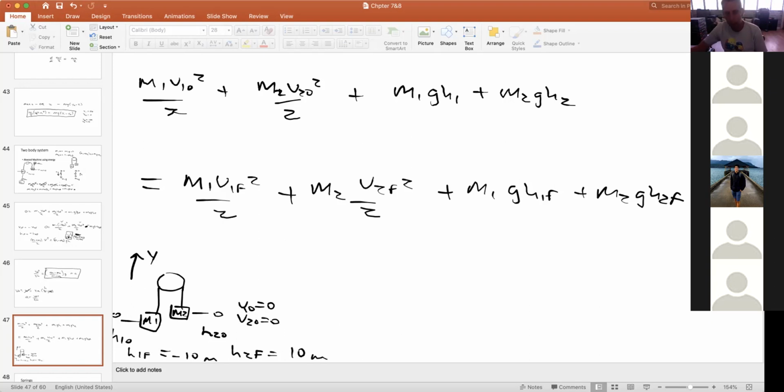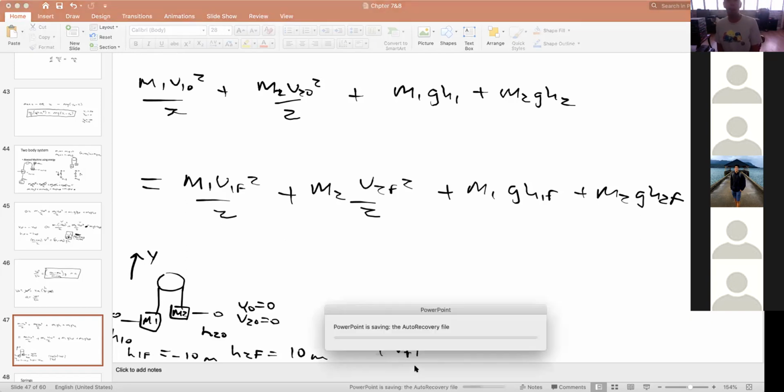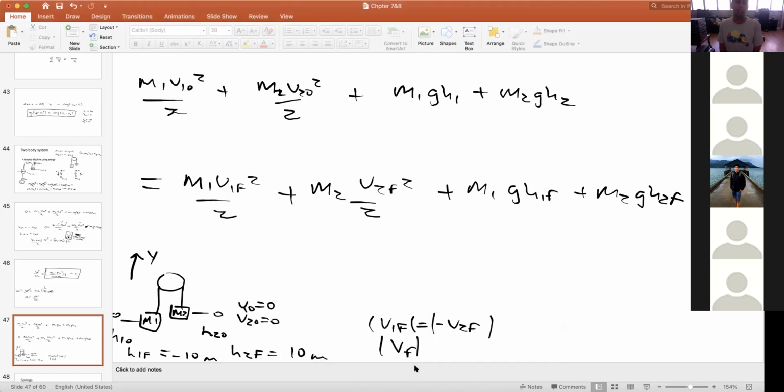And finally, because they're connected by that rope, I know that V1 final has to equal negative V2 final, which means that V1 final and V2 final are both equal to V. The absolute value of this, I'm just going to call V final on both sides. The negative sign is important in the H's, it's not important in the velocities.